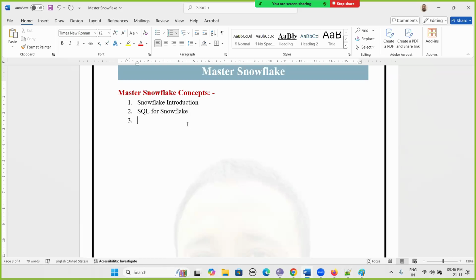And then Snowflake itself we are going to start. Before Snowflake, we are going to learn AWS for Snowflake. You can learn any cloud, it may be Azure, it may be GCP. In this Master Snowflake course, we are going to learn all these four concepts.